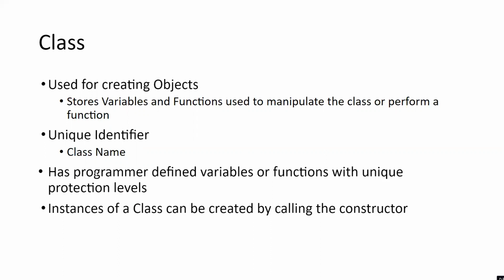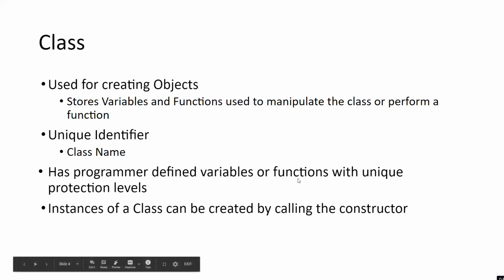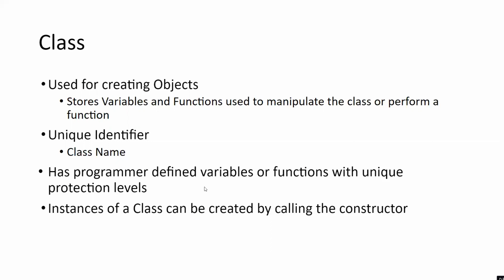Each class has programmer-defined variables and functions with unique protection levels. So each variable has a unique name, each function has a unique name, and all of them have some sort of unique protection level. In C#, they default to private, and that's the way with most languages, but not every language. They default to private, which means that they cannot be read outside of the class.